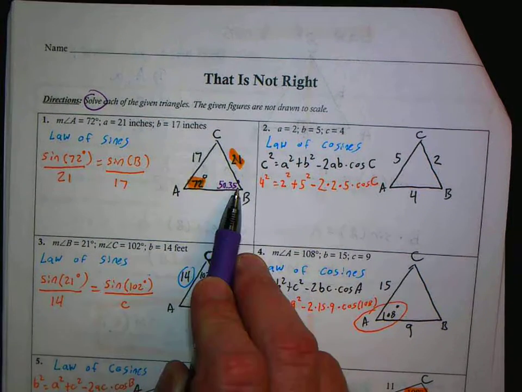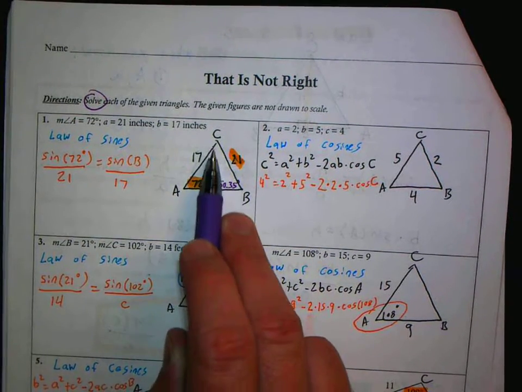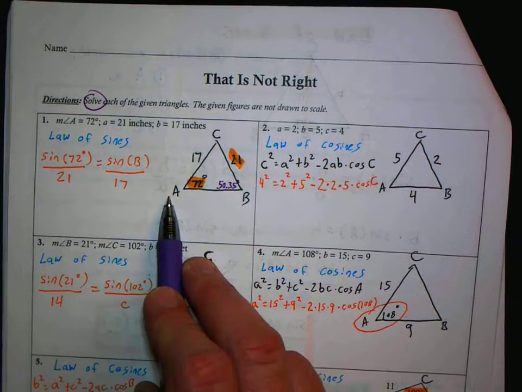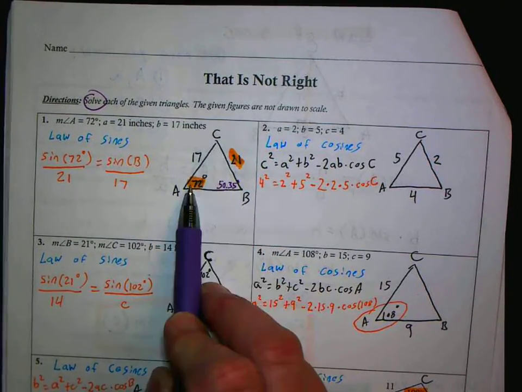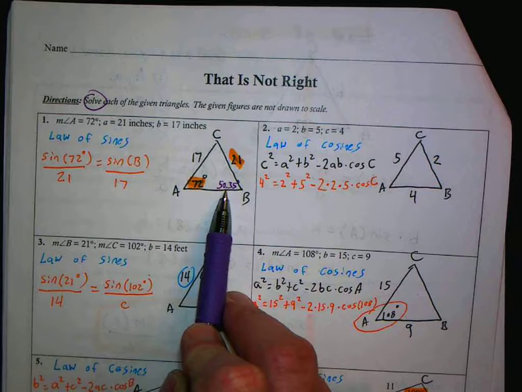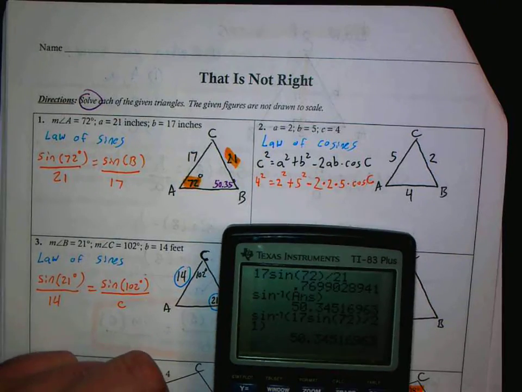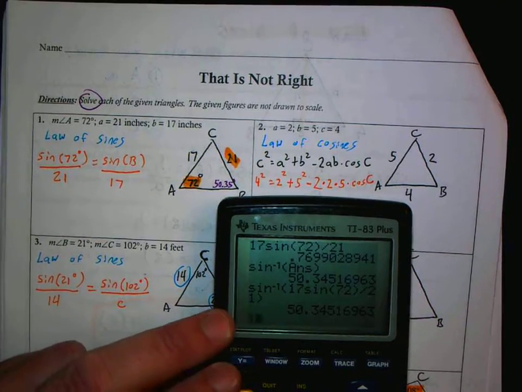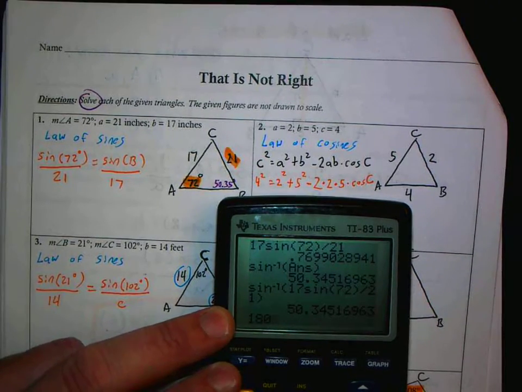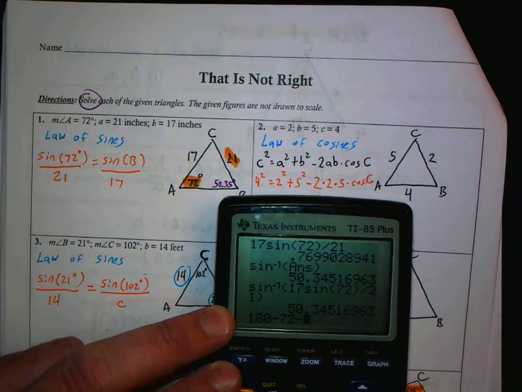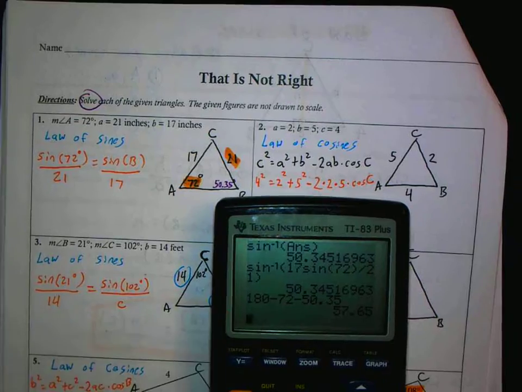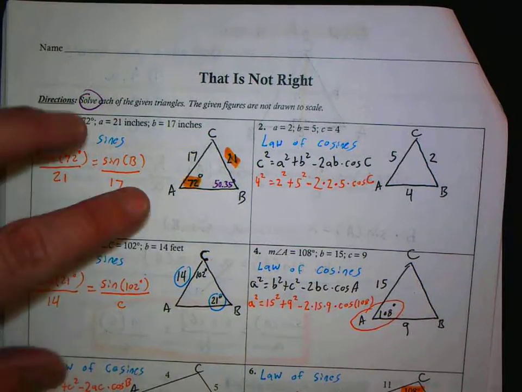Now, if we know this is 72, and we know this is 50.35, and we know that 3 angles add up to 180, I could do 180 minus 72 minus 50.35, and that'll tell me that angle. So 180 minus 72 minus 50.35, and I get 57.65 right here.